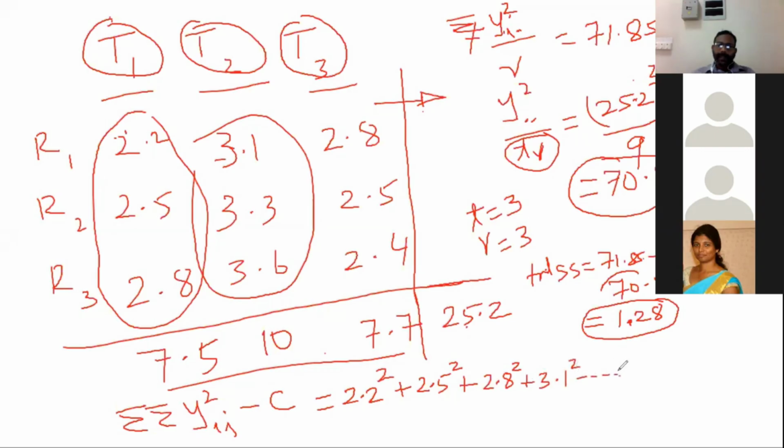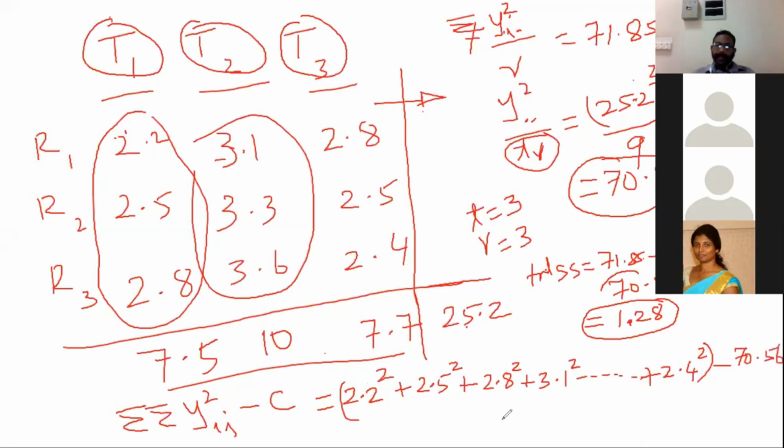How many observations are there altogether? 9. So you'll have to square all these. I'm writing the last one, plus 2.4 square, right? After that, minus this correction factor, 70 point something.